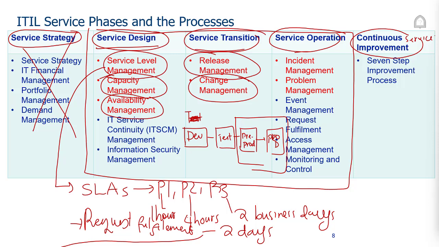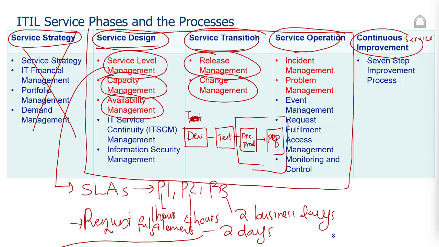Request fulfillment is things like, for example, a new person comes in, they need an account to be created for them. We don't raise account creation as an incident because it is not an incident, okay? Account creation is a request, for example, a request fulfillment. We are requesting for an account for a new employee or a new student, for example, to be created.